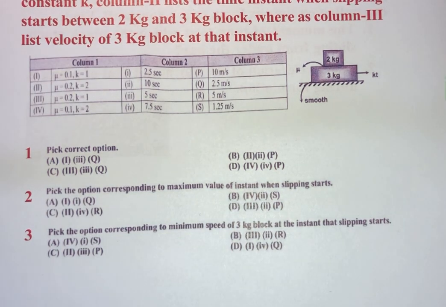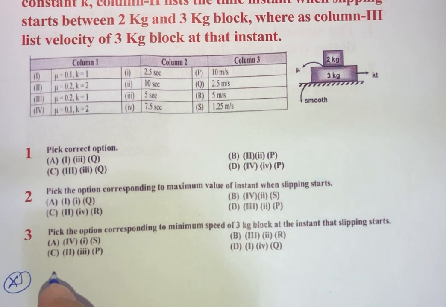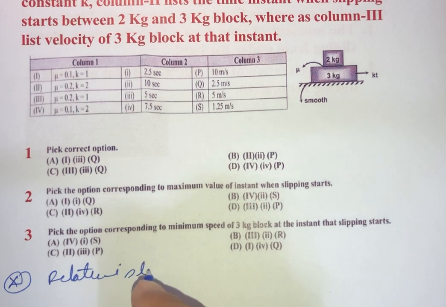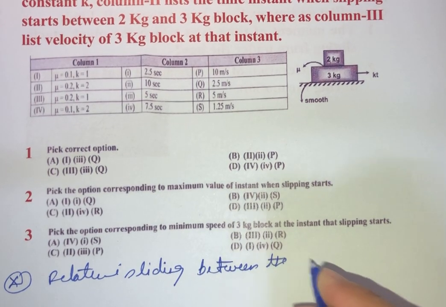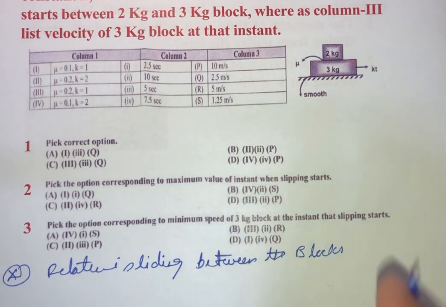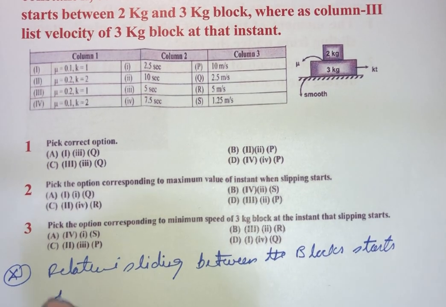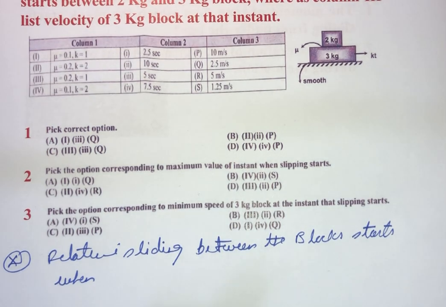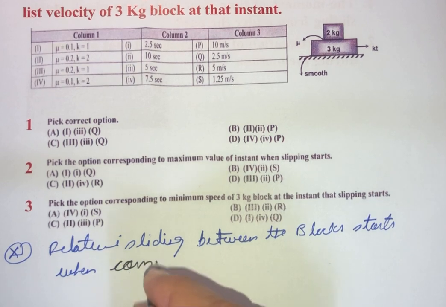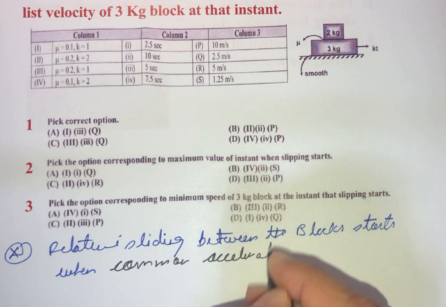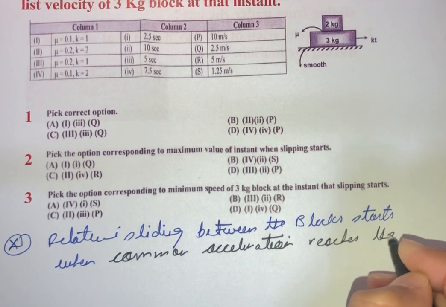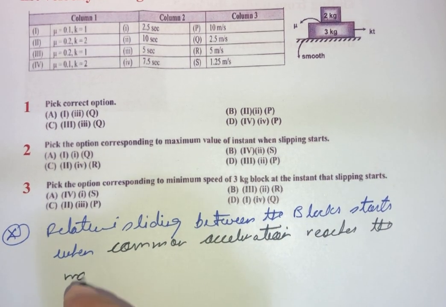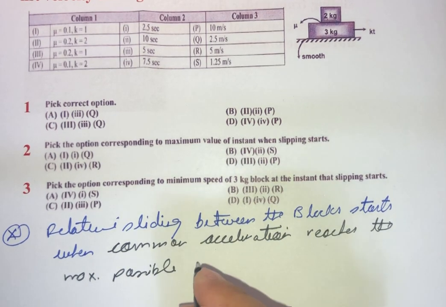The basic thing we should remember whenever we consider this type of block over block condition is that relative sliding between the blocks starts when the common acceleration reaches the maximum possible acceleration.